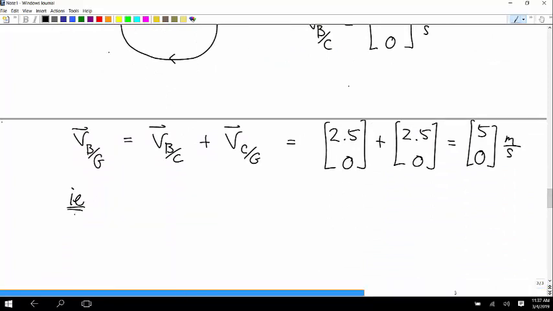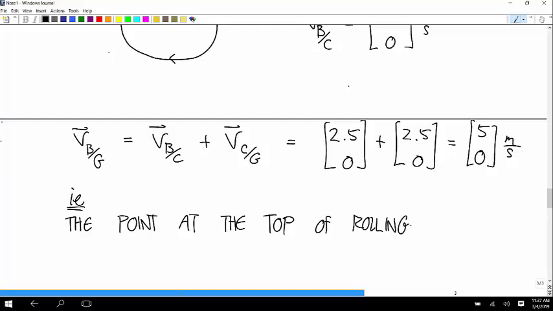And generally speaking, we're always going to see this. The point at the top of a rolling object, and when I say top, I actually mean farthest from the surface. So this all works on an incline too, and then the top wouldn't exactly be the highest point. It would be perpendicular to the surface, you know what I mean.